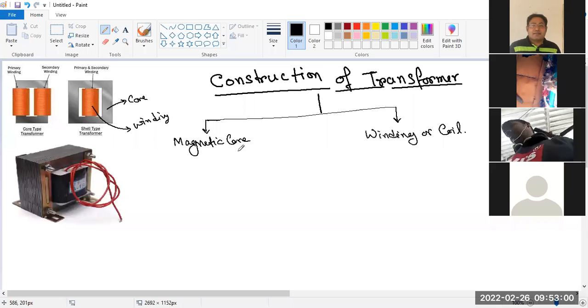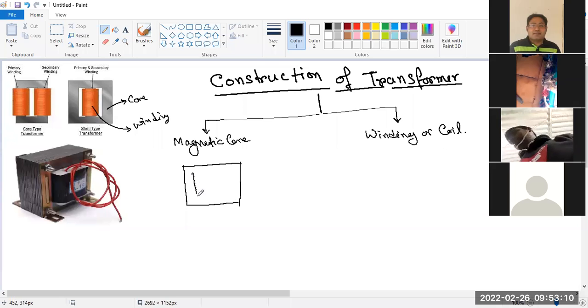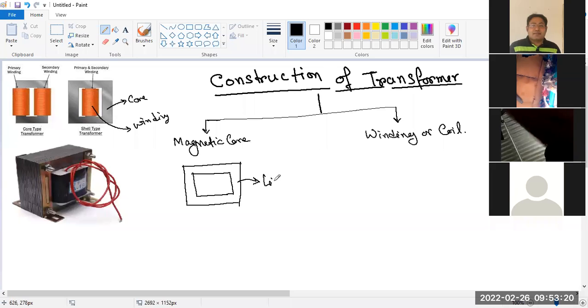So if we go for these things, first the magnetic core. This portion and this portion are called limbs, and this is also a limb, and this portion is called the yoke.